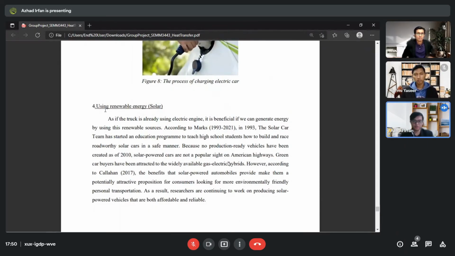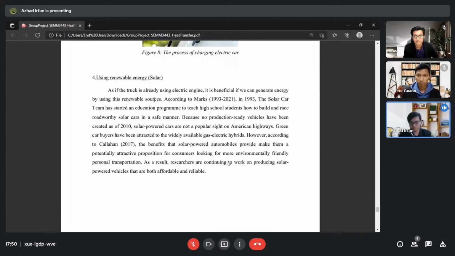Next we move on to method number 4 to improve the design. We can use renewable energy or solar because it is beneficial if we can generate energy using these renewable sources.